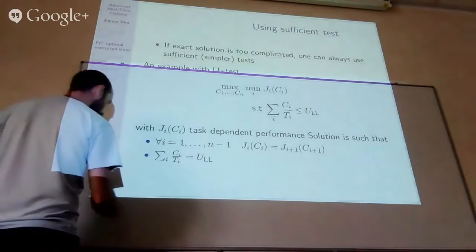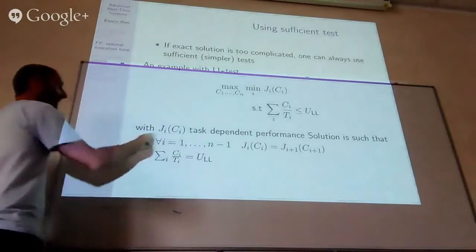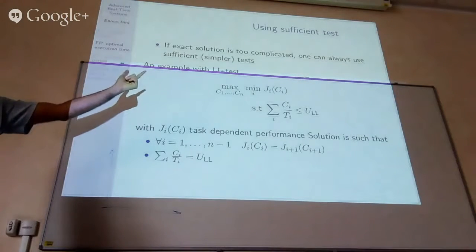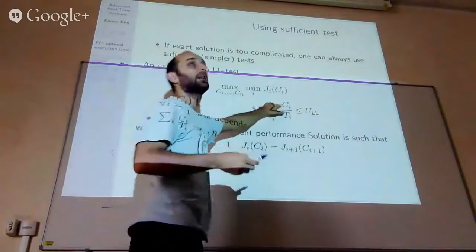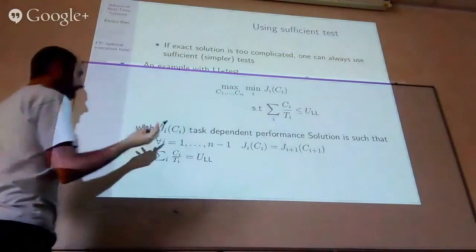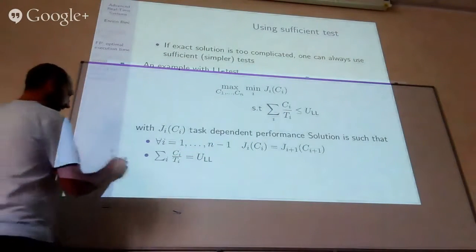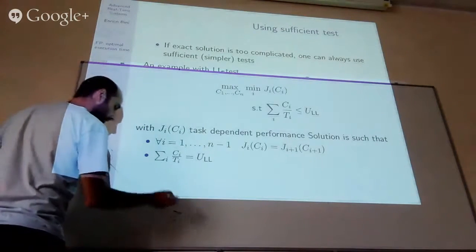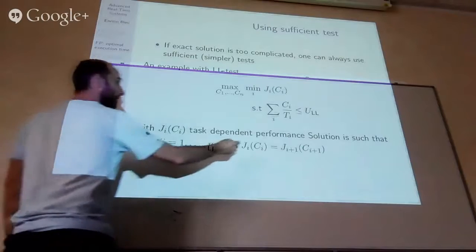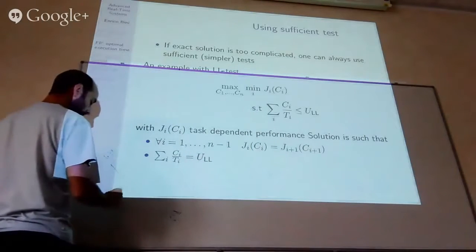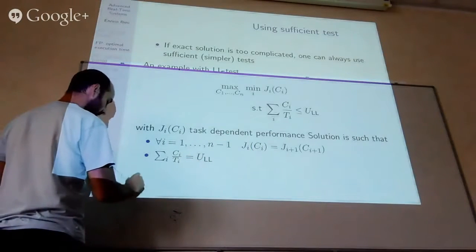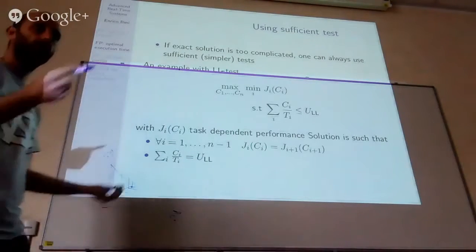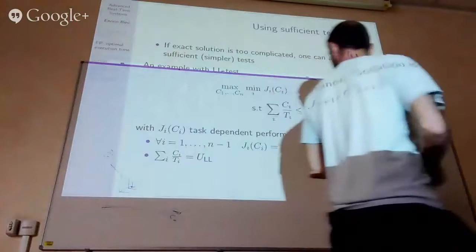So if you use, for example, a linear upper bound on the utilization, this is just a linear constraint on the computation time, and that makes the problem very easy. So for example, if you have C1 and C2, the linear utilization bound is something like this. From this constraint and this constraint, let's say we have this cost, this cost, this cost, we find this point here, right? So something like this, very simple and easy.